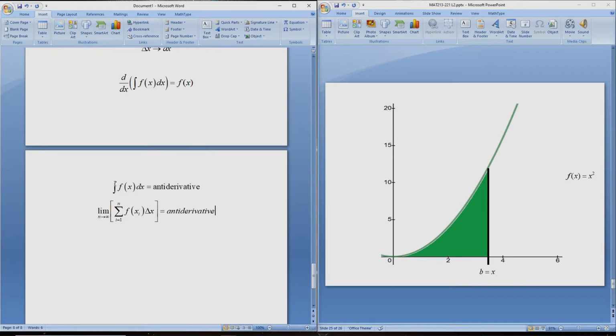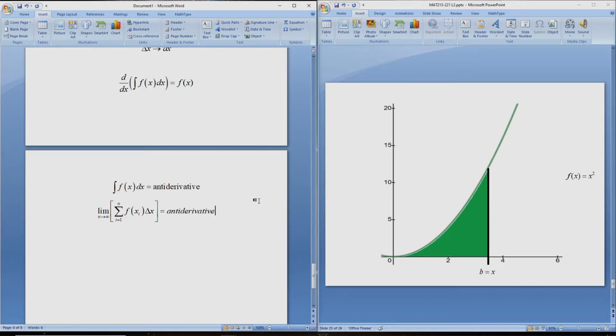So again, notice what the integral symbol, the stretched out s, is replacing. It replaces the limit and the summation, and then delta x goes to dx. So the goal of this homework is going to be solely to get these antiderivatives.